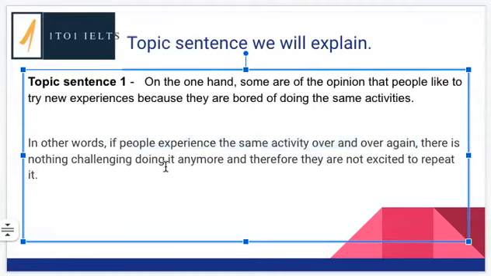So there is nothing challenging. So doing it anymore doesn't quite make sense. So there's nothing challenging. We'd actually want a preposition here. So excellent, yeah, about. So there is nothing challenging about it anymore. And therefore, after therefore, we always want a comma.